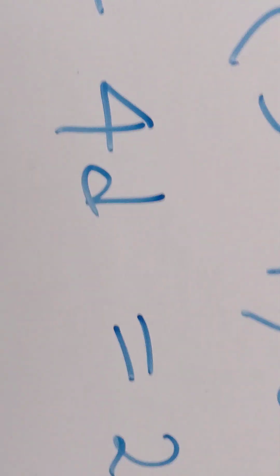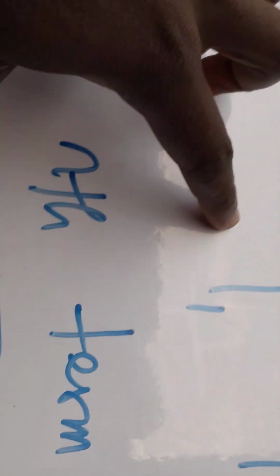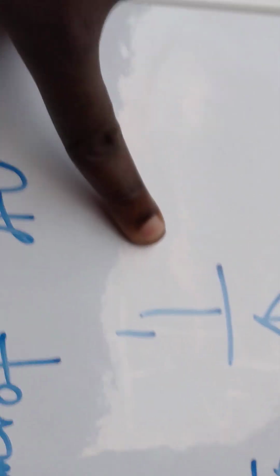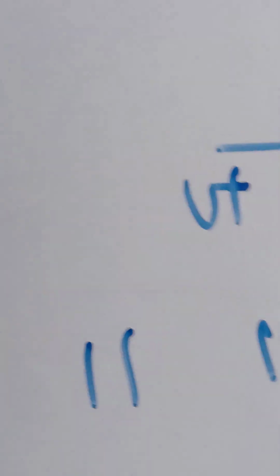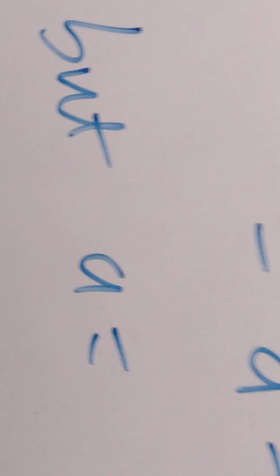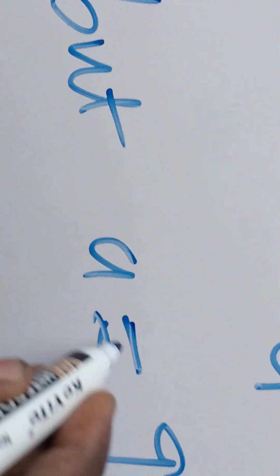And remember that the first term was given to us as 9. T1 is similar to a, the first term, and the first term is 9. So a is equal to 9.